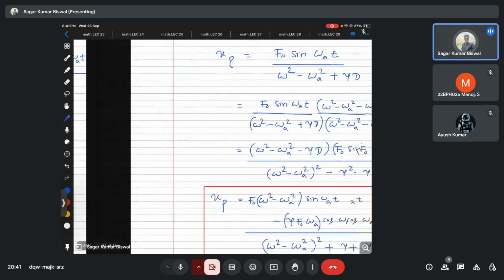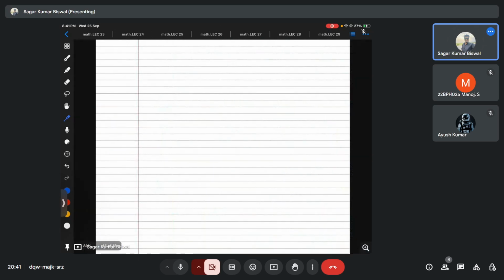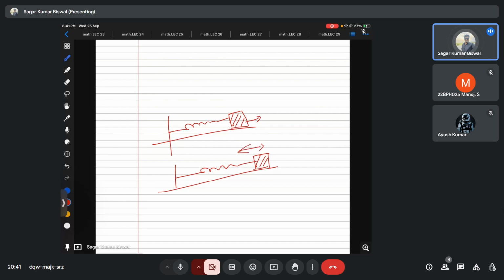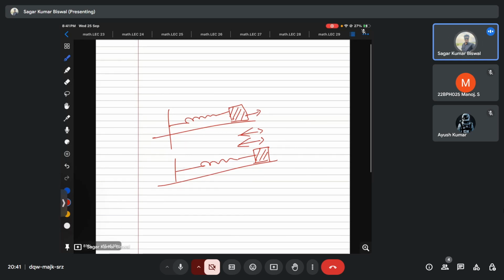In the previous cases, if this is the system and this is the mass, what you were doing is just giving it a push, leaving it, and seeing how it behaves. Initially you just give it a push, then leave it and see how it executes oscillation, right? But here you are constantly applying a force to this mass.